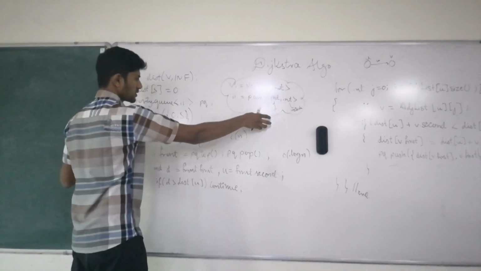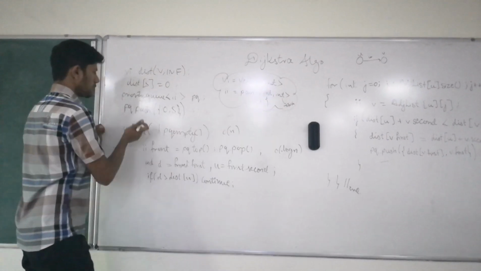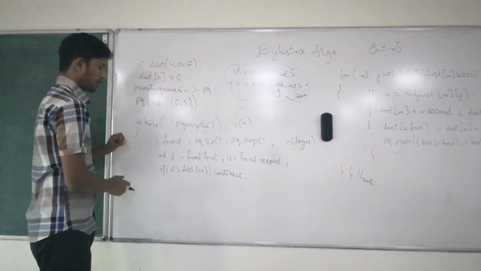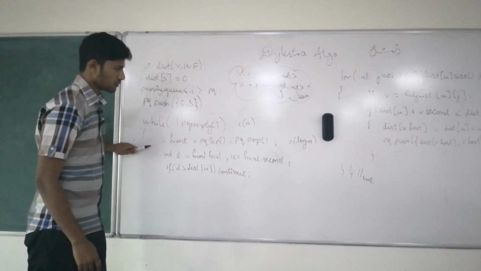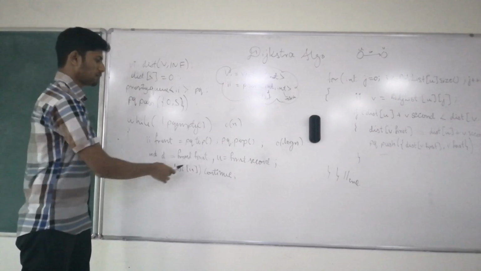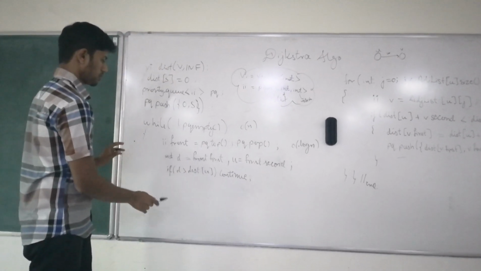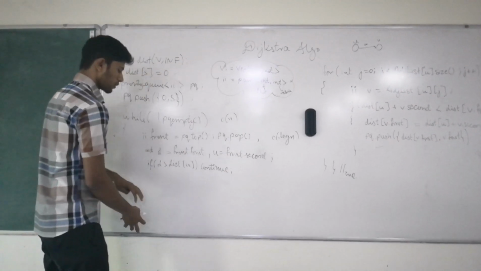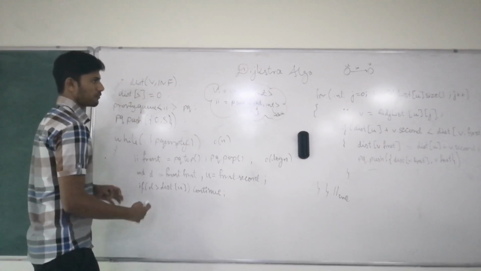The first one is the distance and the second one is the vertex. We first push the source to the priority queue, and then Dijkstra selects the minimum distance in the priority queue, where d is the distance and u is the vertex.